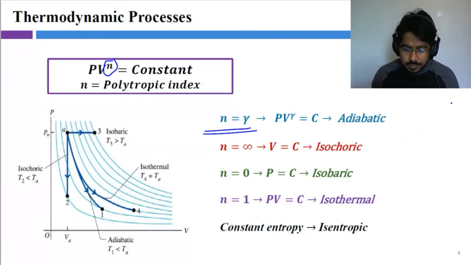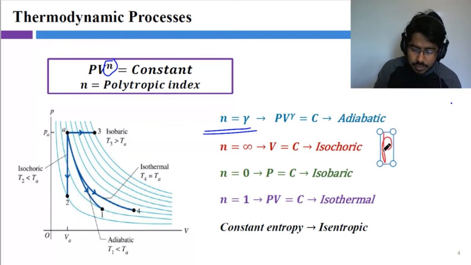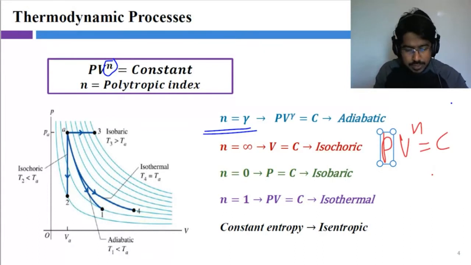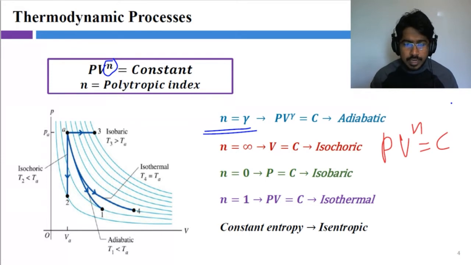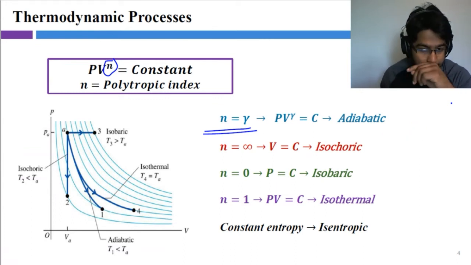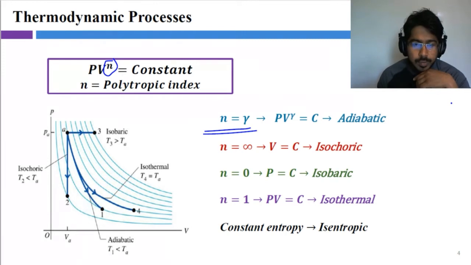If you take the nth root of this equation on both sides, then you can get that expression. If you don't understand the derivation, it's fine. Just remember, when n is very large, it's a constant volume process, or isochoric process.